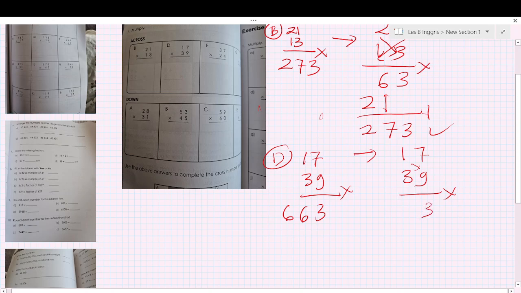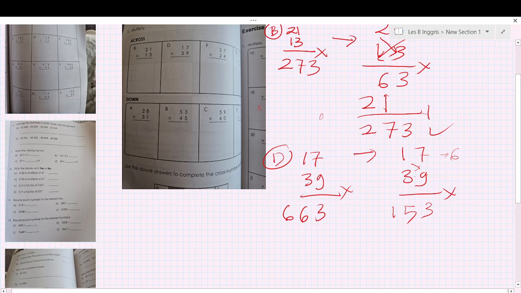What do you get? 63. Alright. Keep it beside, and then the ones times 9. Plus it with 9, you get 15.